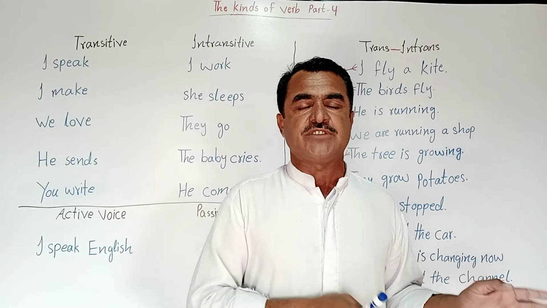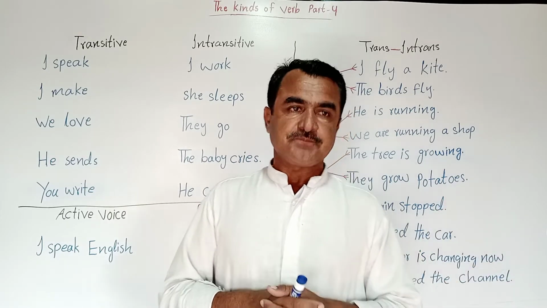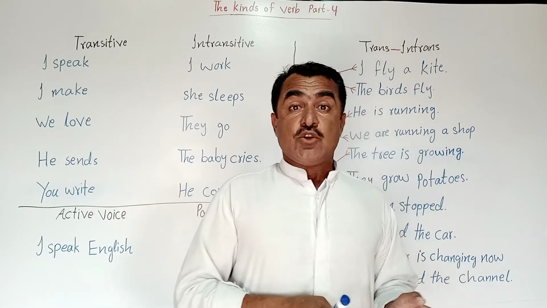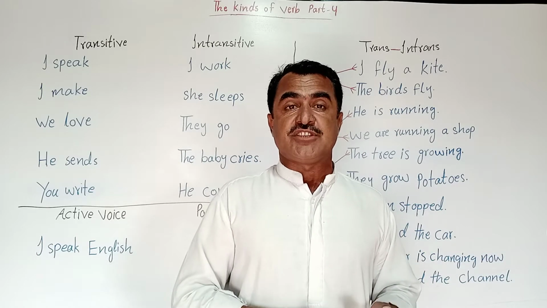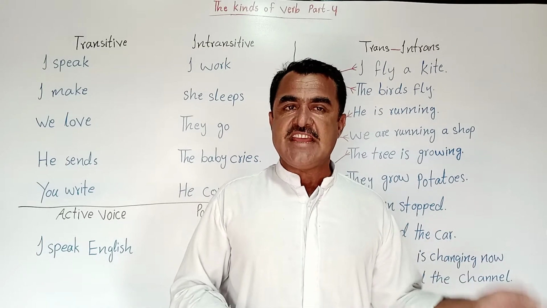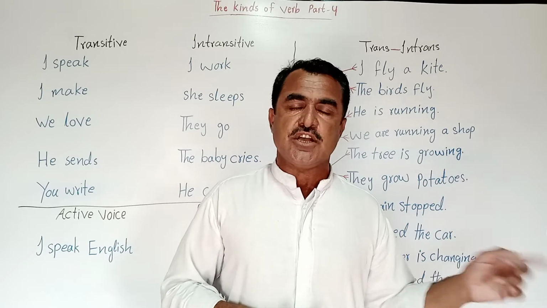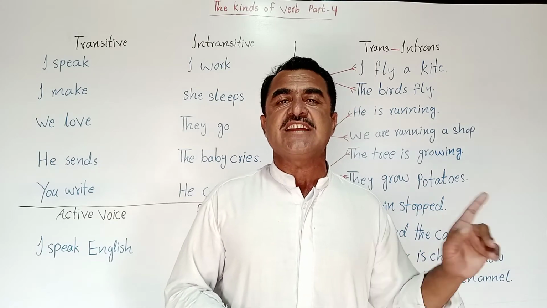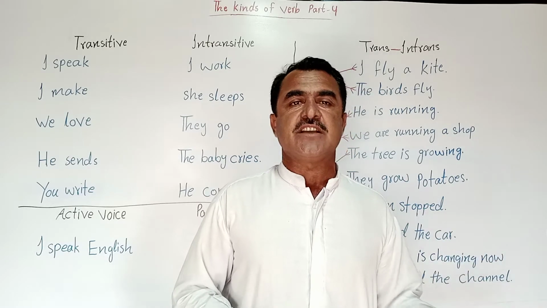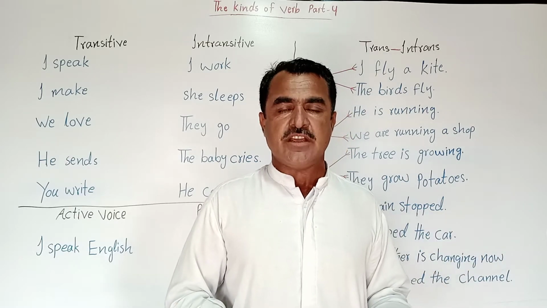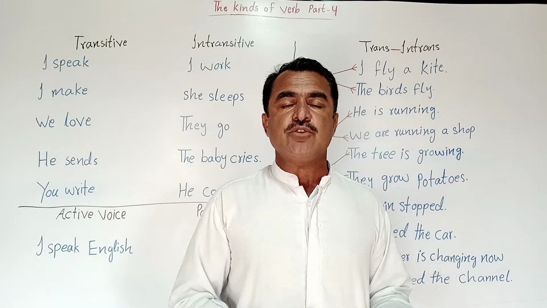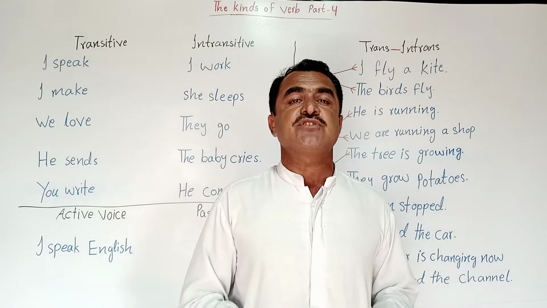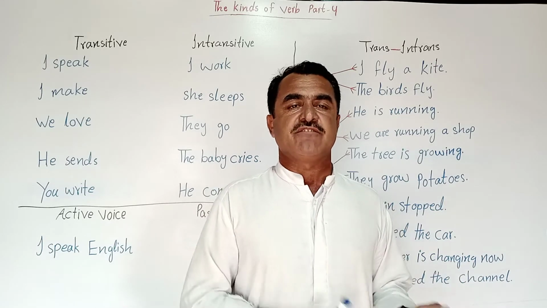Intransitive verbs take objects but after a preposition, so that object is for the preposition, not the verb. Simply, it is a prepositional object, not a verbal object. I mean, intransitive verbs do not take objects with them.